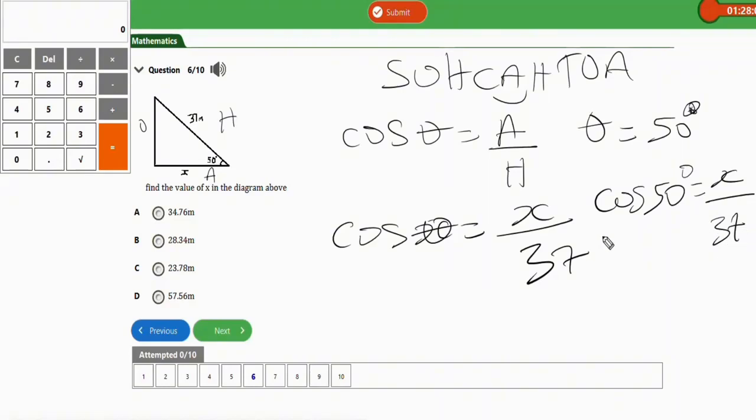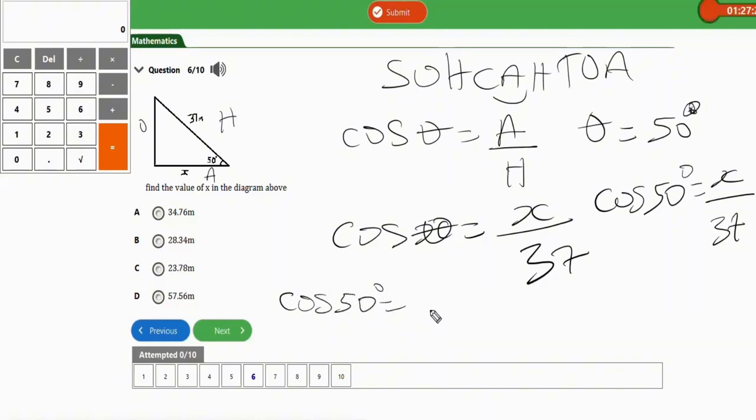Now cos 50 is one of the common trigonometry values you have to get used to. Unfortunately, there is no trigonometric function like this on this calculator, so when you punch cos 50 degrees on a scientific calculator, you're going to get the output to be 0.6427.